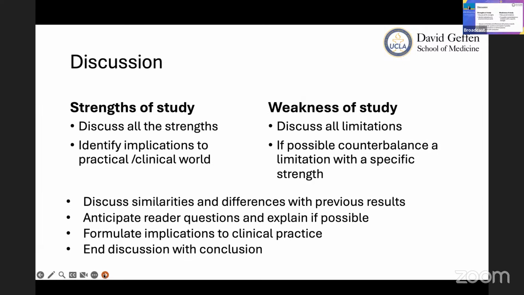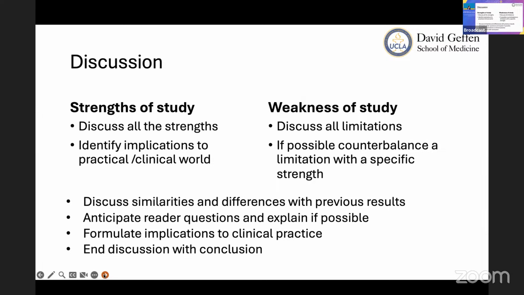And when you talk about the strengths of the study, always think about adding a word saying, we think this is strong because this is the implication for practical or clinical work. Same with weaknesses. If you have a weakness, try to counterbalance a limitation with a specific strength. Say, this is our weakness, but we have this strength of the study, and that makes your paper stronger.